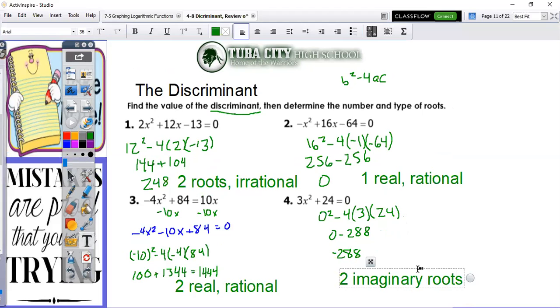If that number underneath the radical becomes negative, we immediately know there will be no real solution, or 2 imaginary roots. And that's how you can tell the number and types of roots, just by looking at those 3 numbers.